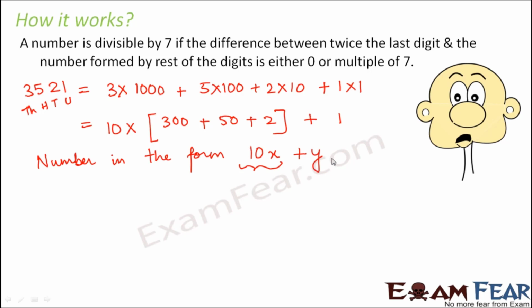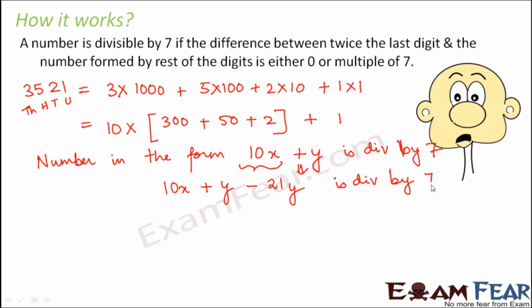Now, if we say that 10x plus y is divisible by 7, it is as good as saying that 10x plus y minus 21y is divisible by 7. Now, this doesn't mean that I am saying that 10x plus y is equal to 10x plus y minus 21y. I am not saying that. I am saying that if 10x plus y is divisible by 7, saying this and saying this is the same.